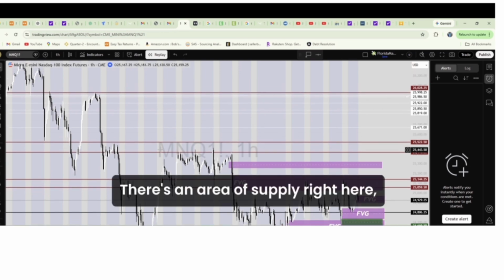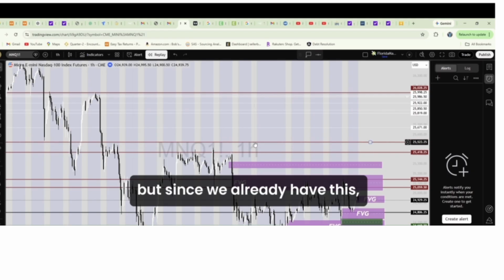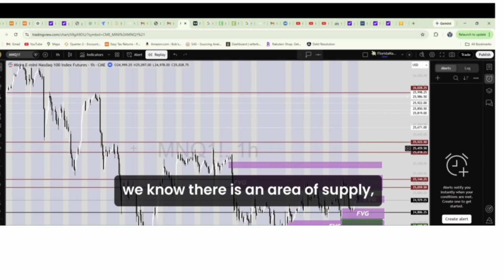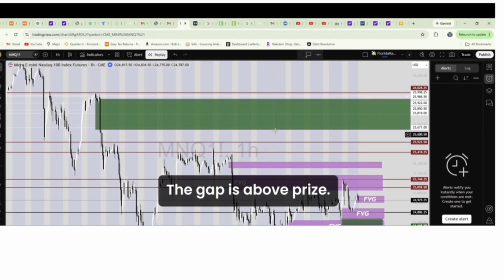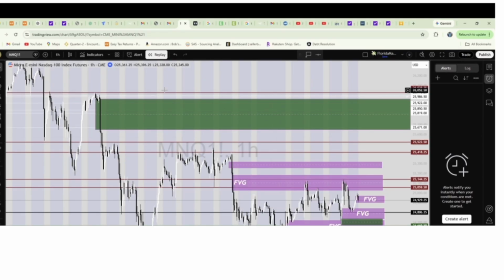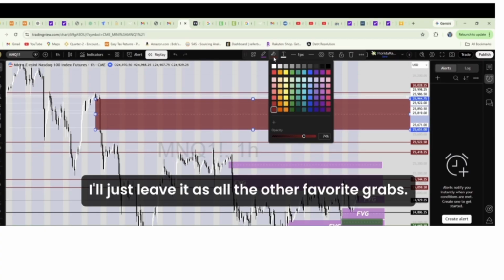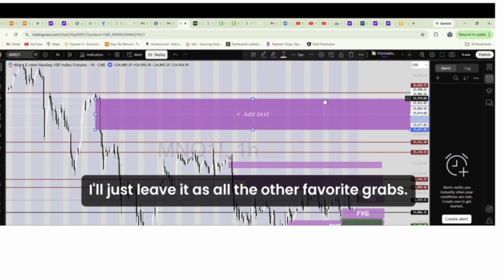There is an area of supply right here. But since we already have this, we know there is an area of supply. But wait, there's a gap right here. Since the gap is above price, I'm going to make it red. Oh no. I'll just leave it as all the other fair value gaps.